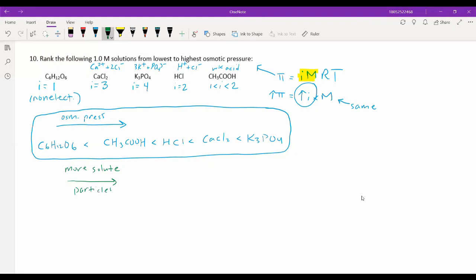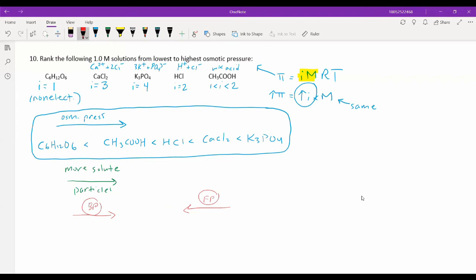So what would also be increasing that way would be boiling point, increasing lowest to highest. But the freezing point would be going the other way. So in other words, the potassium phosphate would have the lowest freezing point.